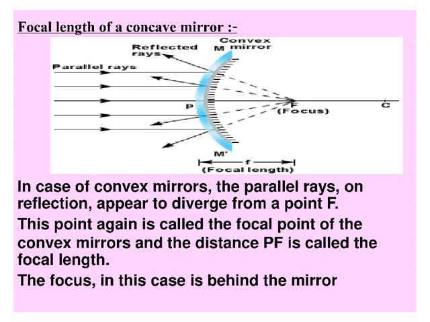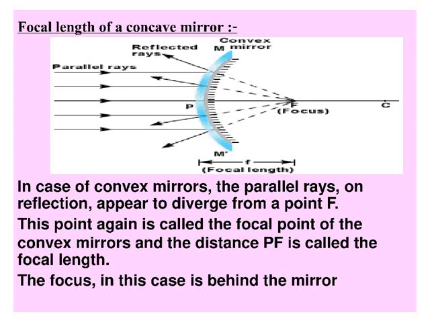So this F is called the principal focus. It seems all the reflected rays are diverging from the point F.